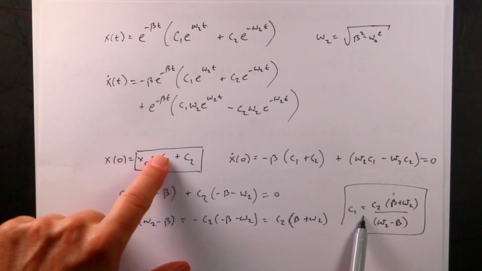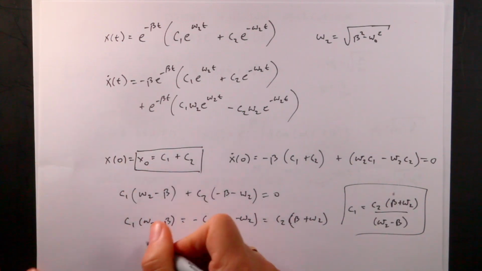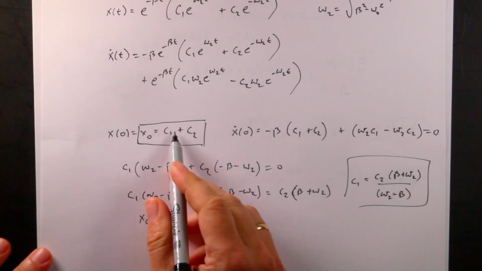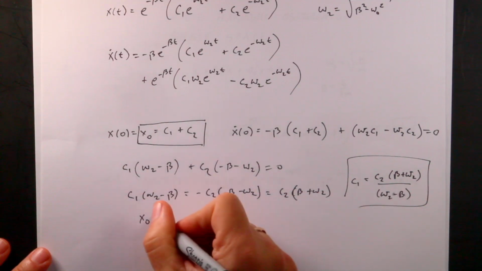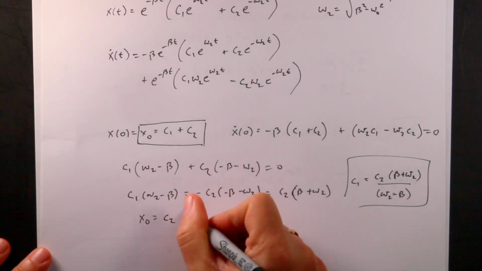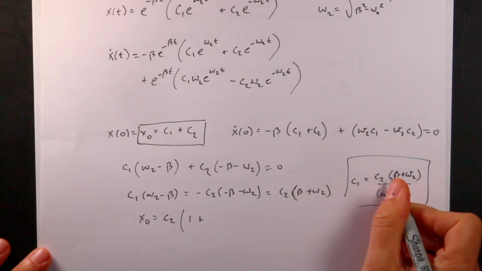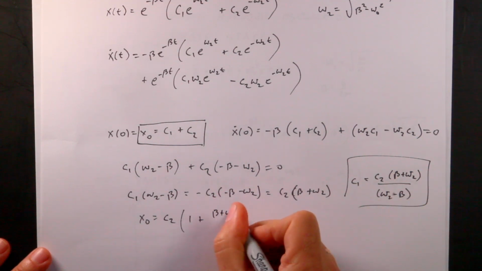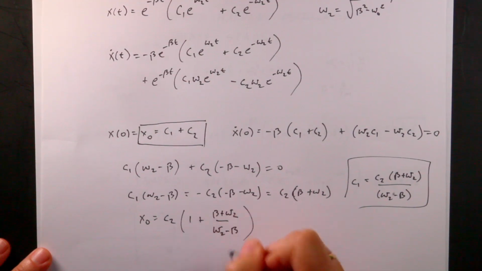Now I can plug this in up here. If I plug in C1 as this, then I get x0. These are both going to have C2, so x0 is equal to C2 times 1 plus beta plus omega 2 over omega 2 minus beta.